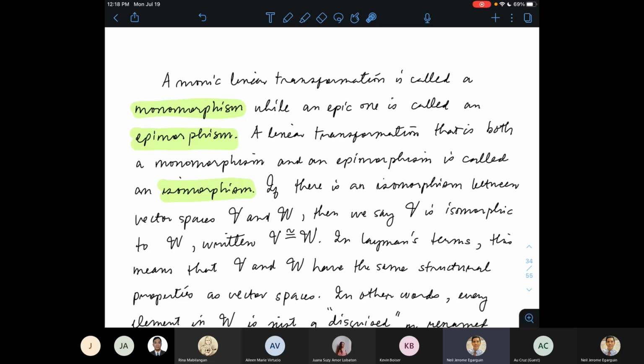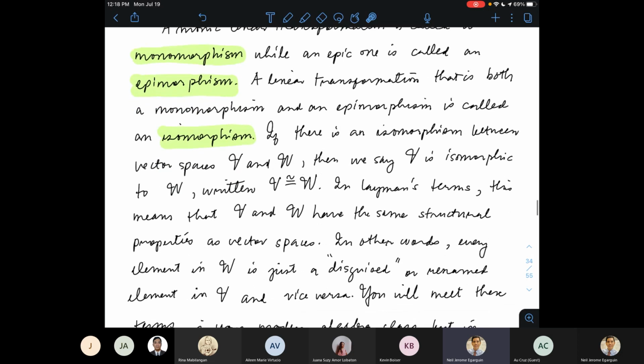They are sort of equivalent in the sense that you can think of elements of W as elements of V disguised in another name. So you can think of it as a relabeling of the elements of W. So parang dinisguise lang natin yung elements ni W by using names from V and vice versa.